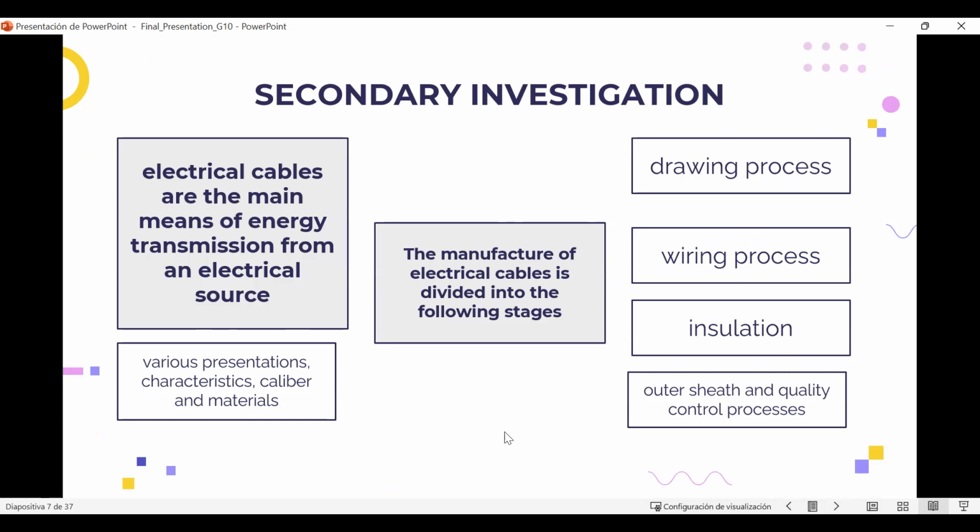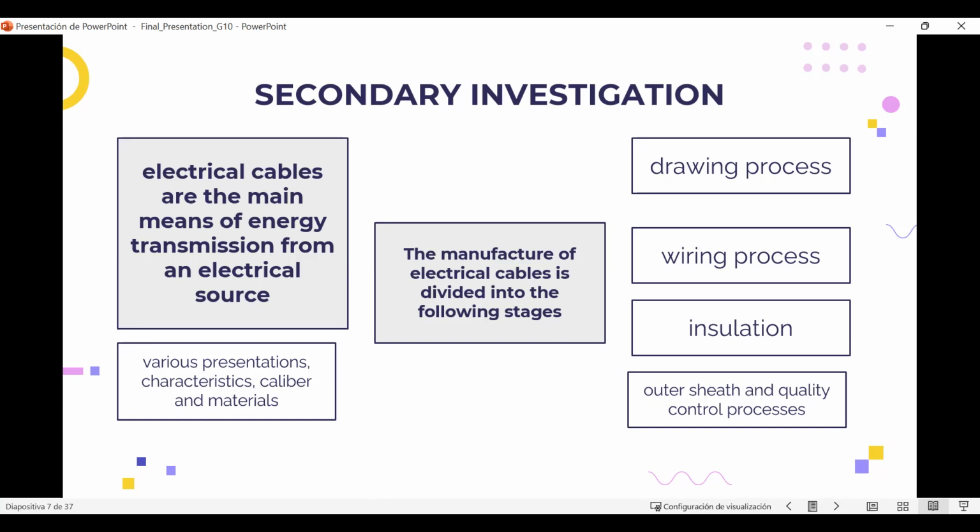The manufacturing of electrical cables is divided into the following stages. First, there is the wire drawing process, which consists of gradually reducing the diameter of the copper wire until the suitable diameter is obtained, depending on the application.